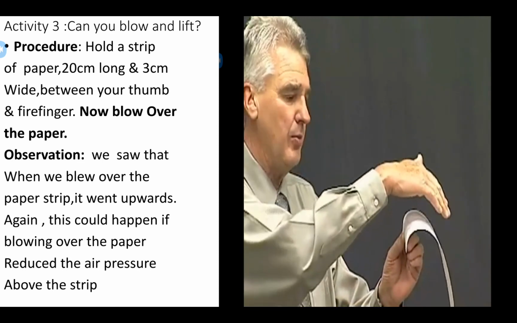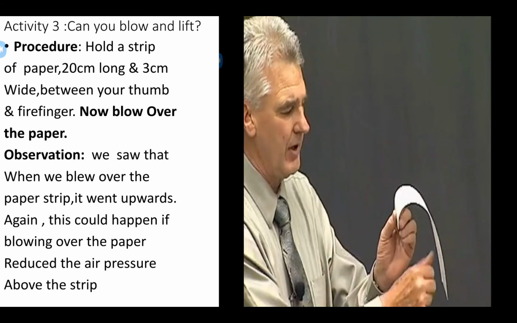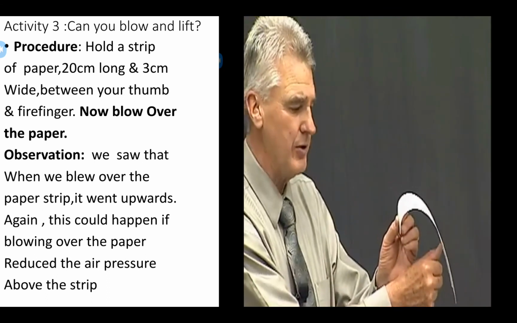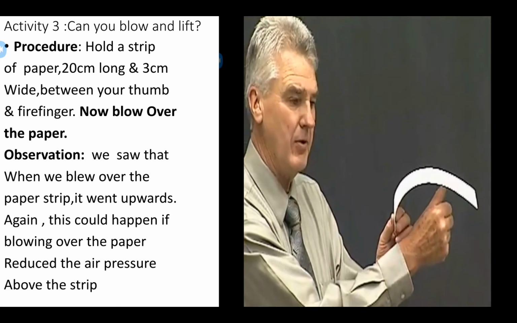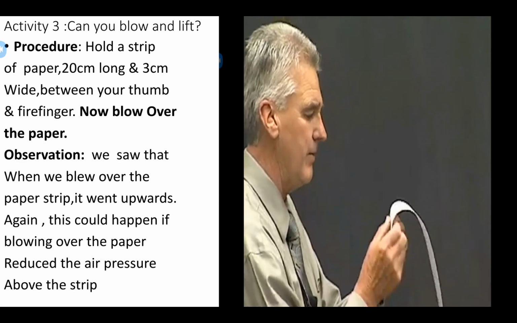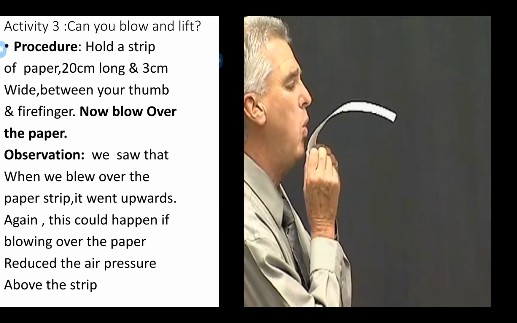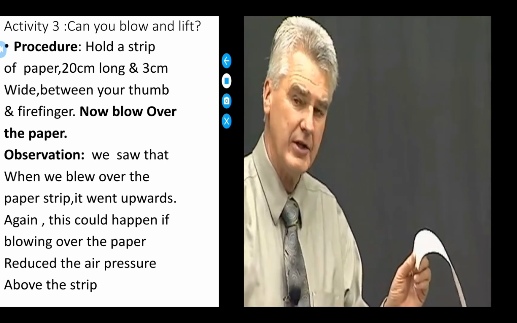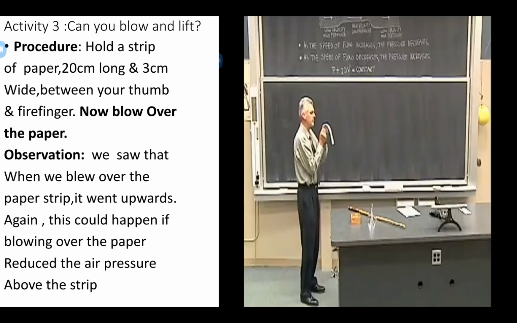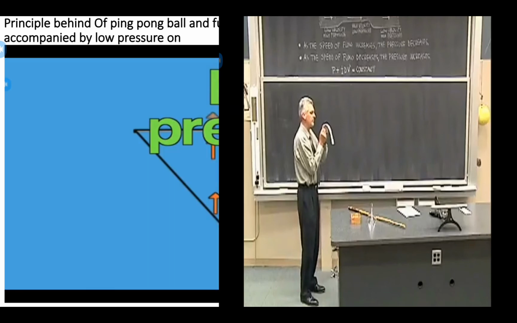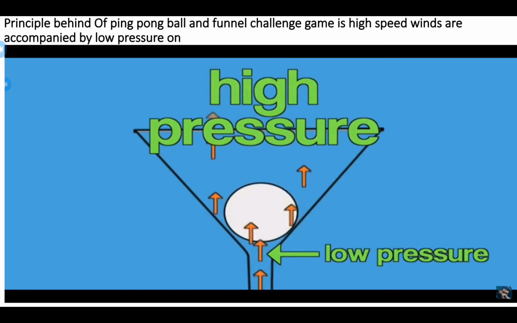So from this activity you can understand clearly: increased wind speed is accompanied by reduced air pressure. Again, we blew the air above the paper, that is high speed wind accompanied by reduced air pressure. So do this activity and enjoy at home.